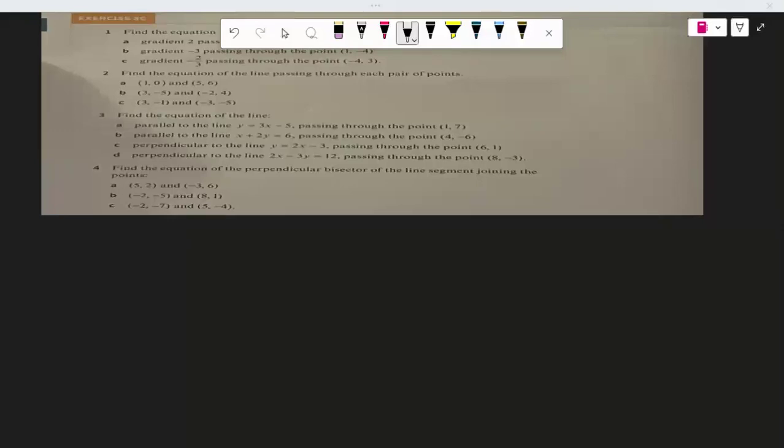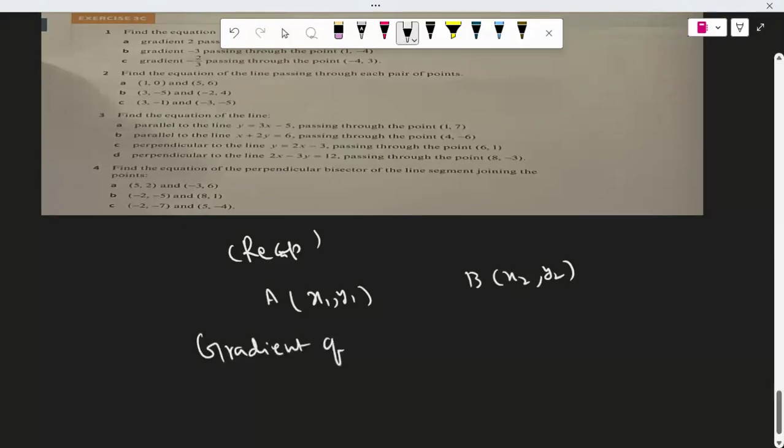If we have been given 2 points, suppose a point is A (x1, y1) and another point is B (x2, y2), then the gradient of AB will be y2 minus y1 over x2 minus x1.